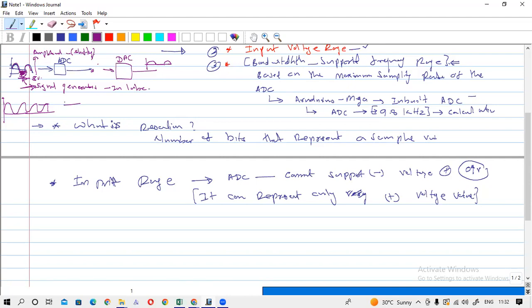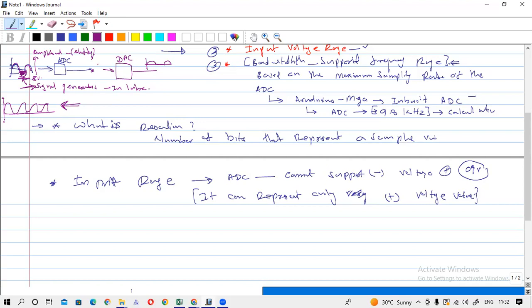And what is this called? In the signal generator you have this facility.